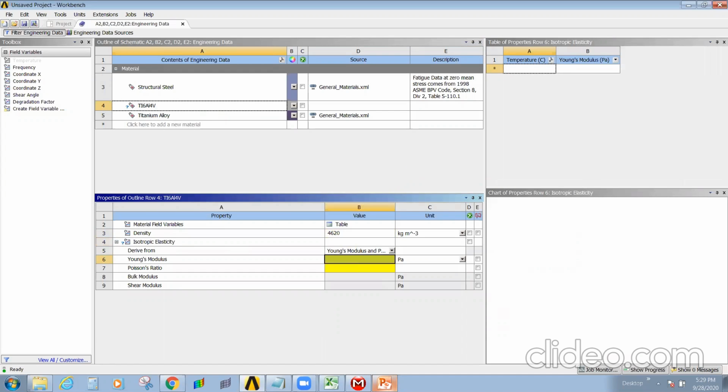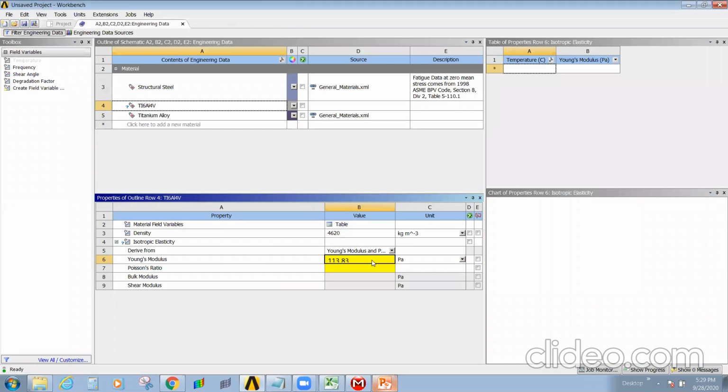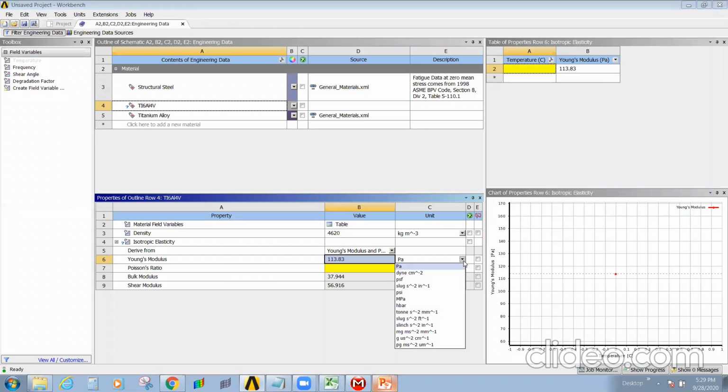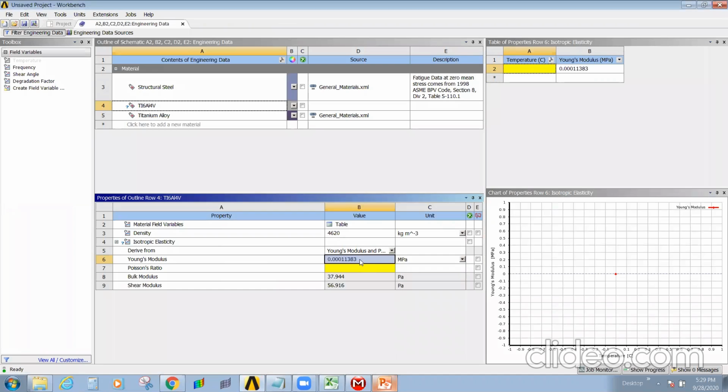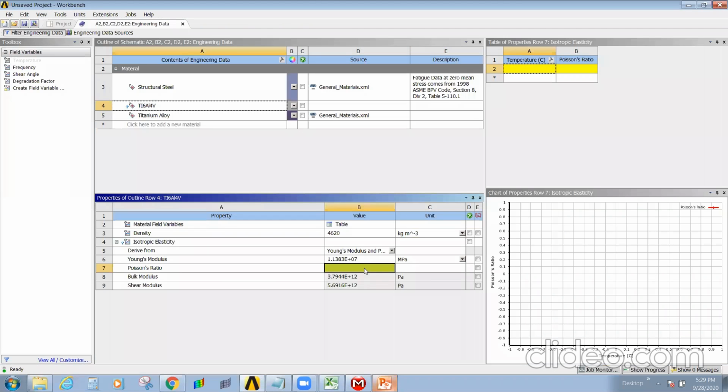And then your Young's modulus is 113.83 GPa, and your Poisson's ratio is 0.3.